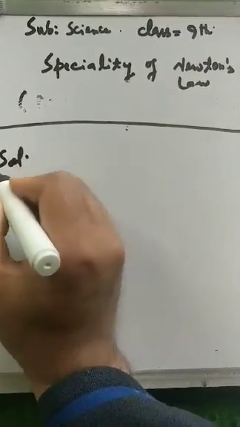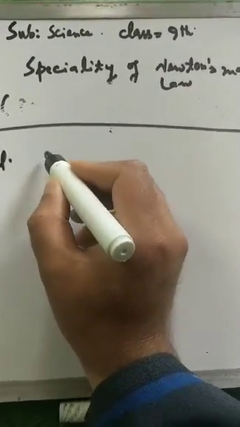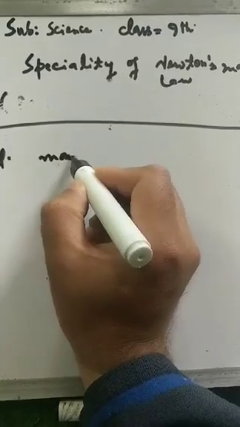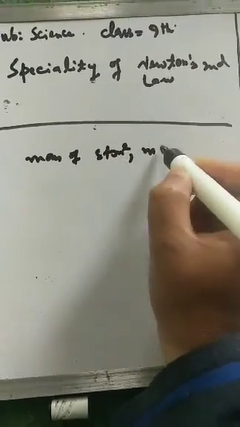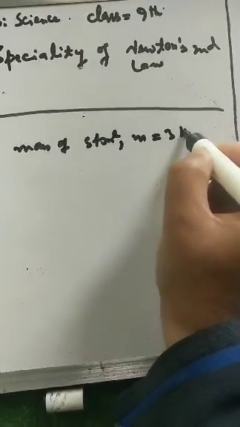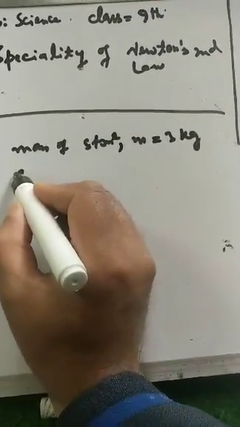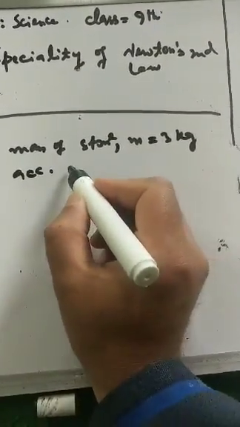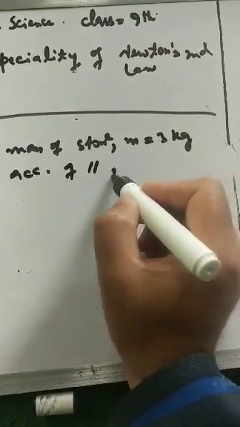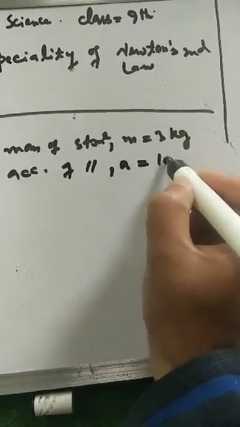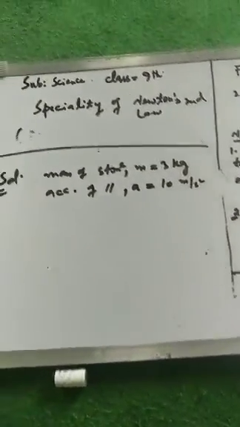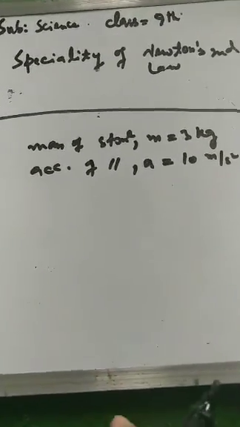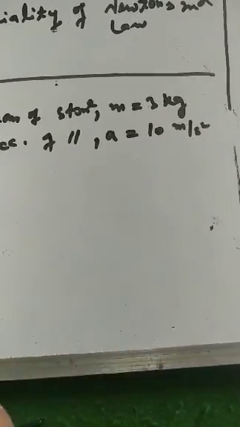Solution: what is given to us, that is the mass of the stone. हम इसको small m से denote करेंगे, 3 kilogram. What is the acceleration which is to be produced in the stone, that is acceleration denoted by a, that is 10 meter per second square. Both are in SI units, therefore no conversion of units is needed.